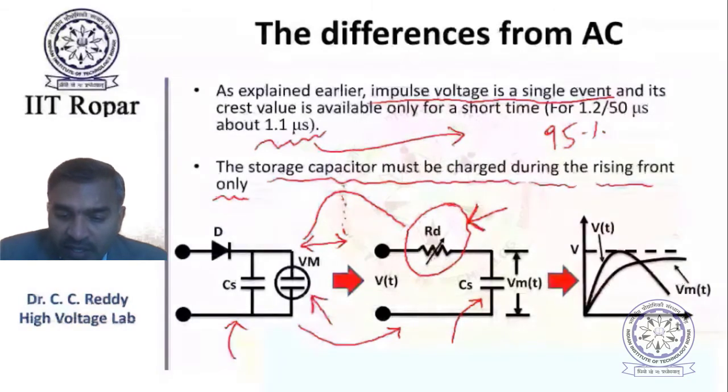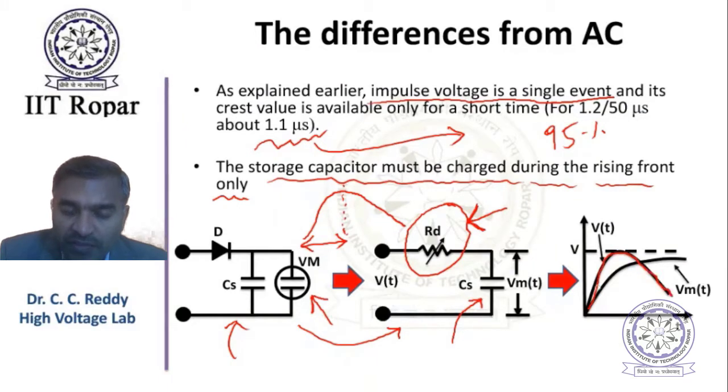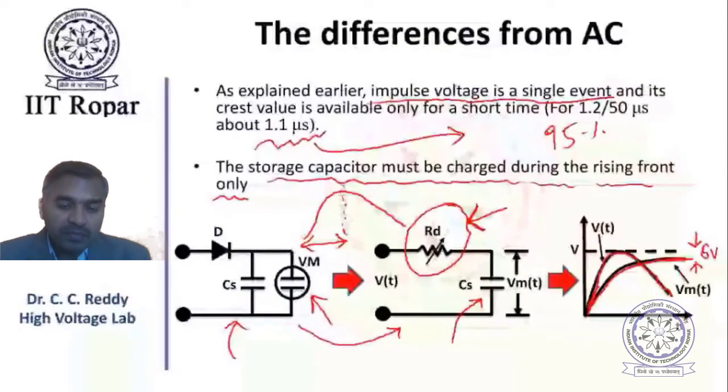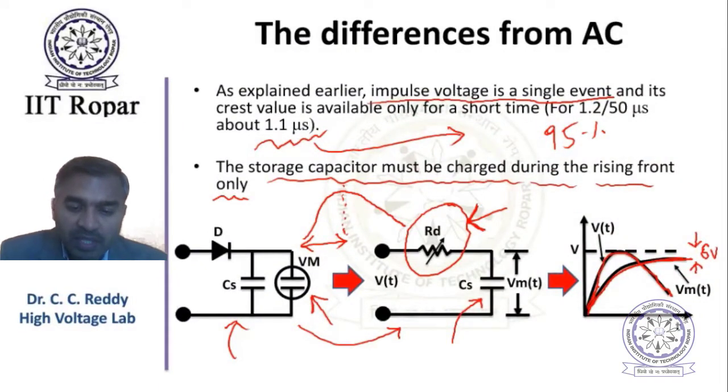So for this input voltage V of t, the charging has a certain time constant, right? And there will be some steady state error also, some delta. So this is how the characteristics will be, and this delay is decided by the time constant RD into CS.